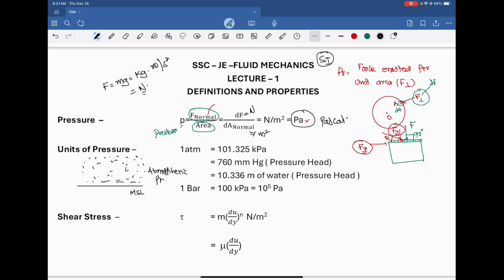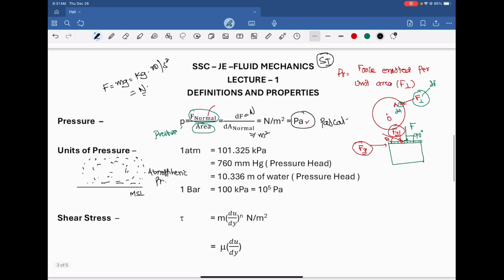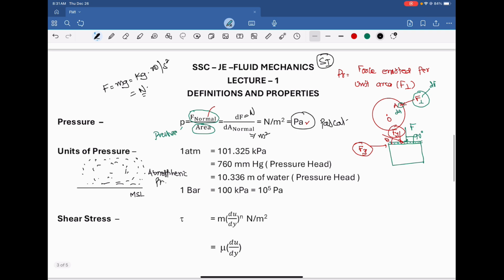Because there can't be 10 atmospheres until and unless we develop pressurized conditions in the laboratory. The pressure on the surface of the earth at mean sea level will be atmospheric pressure, and it will be different at different places because of the altitude.